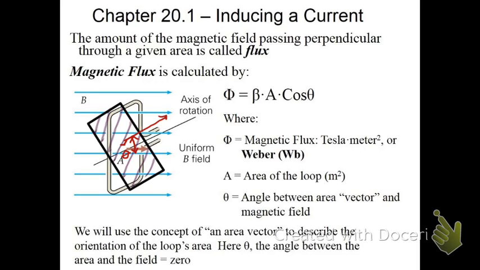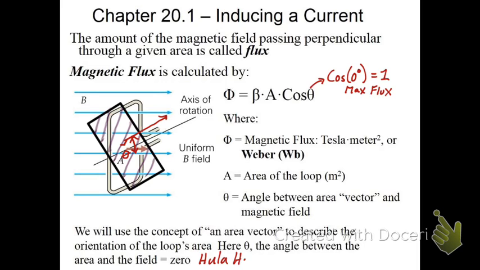That's how we calculate the value for Webers, which also depends on the orientation of the area. And this will, of course, be maximized when the normal of the area is parallel to the field lines. That's going to give us our maximum amount of flux. And then at 90 degrees, it's going to go to 0. There's not going to be any field lines passing through the area.